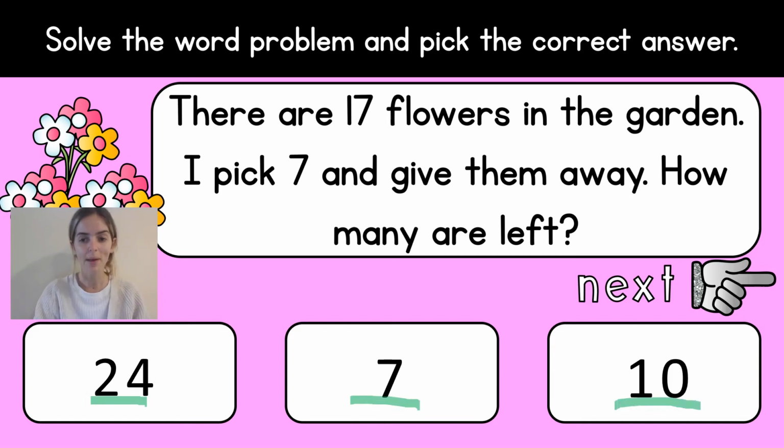Now again, remember when you're drawing your picture to help you solve our word problem, we are starting with 17 flowers. That's our total, 17. And we're taking away 7 because we picked 7 of those flowers and we gave them away, so we no longer have them. And then how many do I have left?